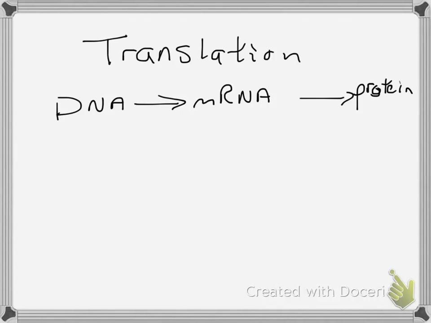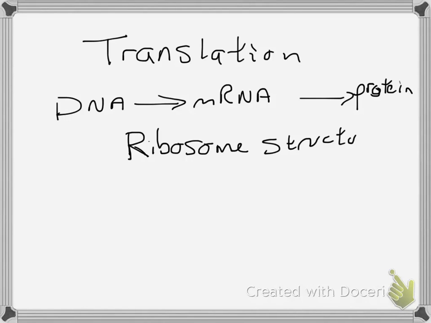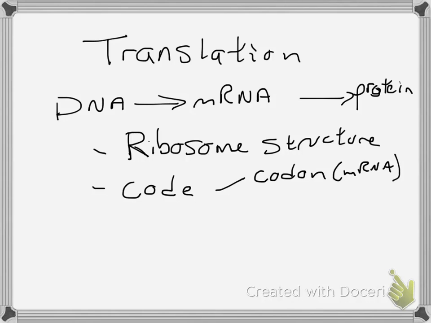So we need to look at ribosome structure. We need to look at the actual code itself. We have the codon, which is part of our mRNA, and we have our anticodon that is part of our tRNA.